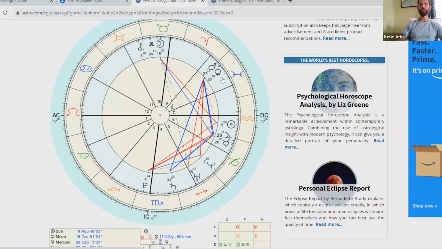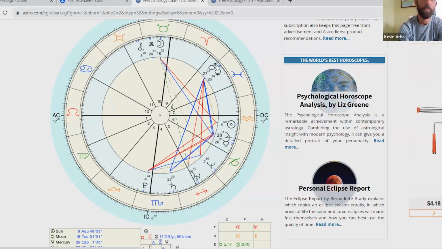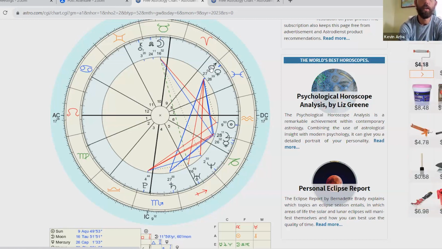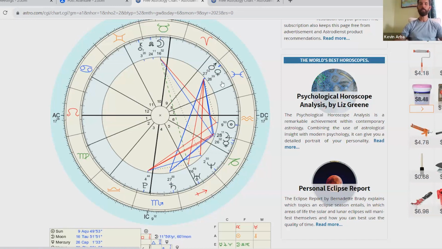That's of particular relevance for me because I'm also getting transits to my midheaven. Neptune. So transiting Neptune is actually exactly conjunct this group right here, and that counts. So the progress chart can also receive transits.